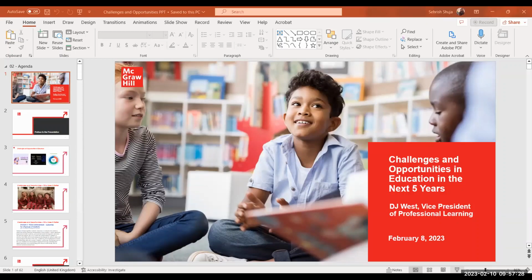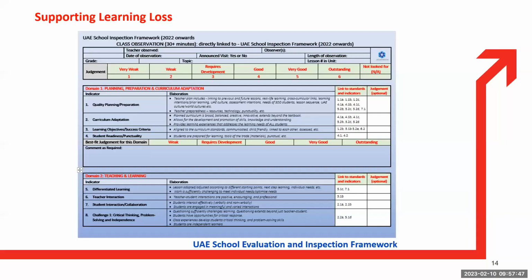Okay, so I want you to think about it from this perspective. That core instruction, I don't care if it's math, literacy, whatever subject you teach, is about meeting the standards and skills for that grade level, is it not? Now, we know students coming in are missing prerequisite skills. We know some students we need to extend learning, right? And in general, a core program like McGraw Hill produces for math or literacy will meet the needs of the classroom for the on-grade level standards.